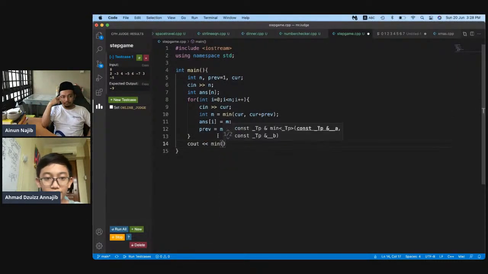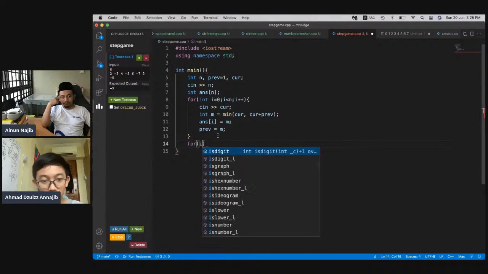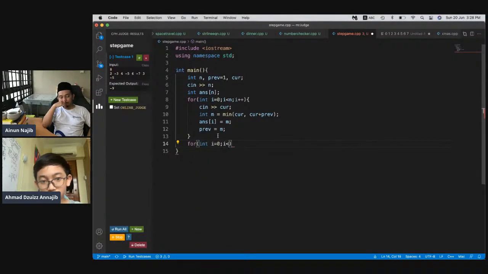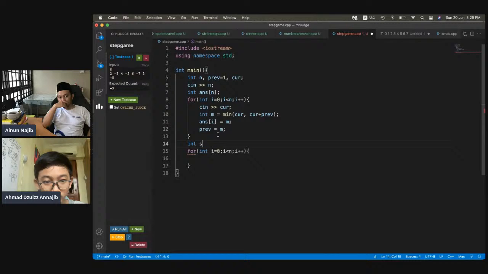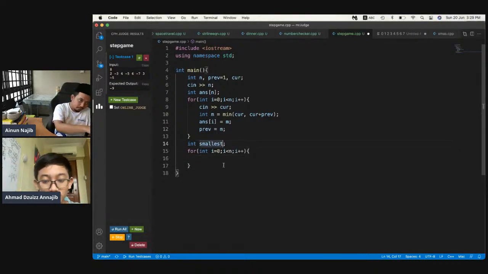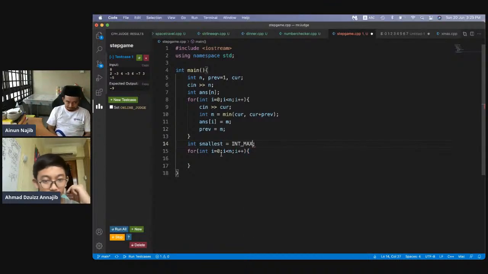And then I get the minimum of the array. I equals 0, I smaller than n, i++. Smallest equals INT_MAX. Yeah, INT_MAX, and do it that way.